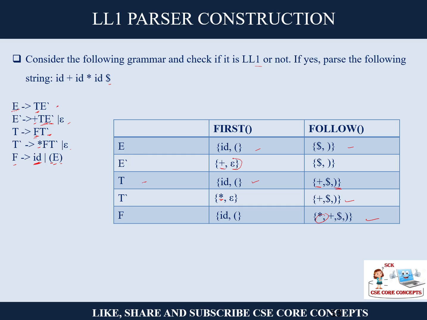But if E dash is epsilon, you have to consider both cases. Then the follow of T will be the follow of E dash also. The follow of E dash is dollar and a close bracket. That is why we have added all this. Students often don't consider the epsilon, so you have to consider what if it is an epsilon. Basically, this is how we have constructed the first and follow.